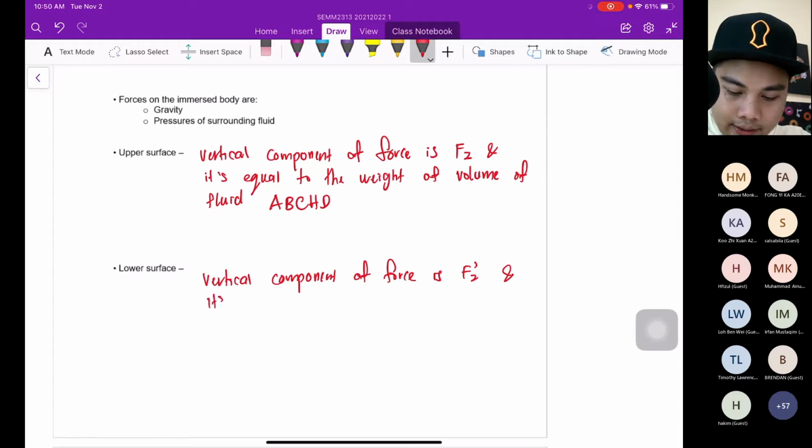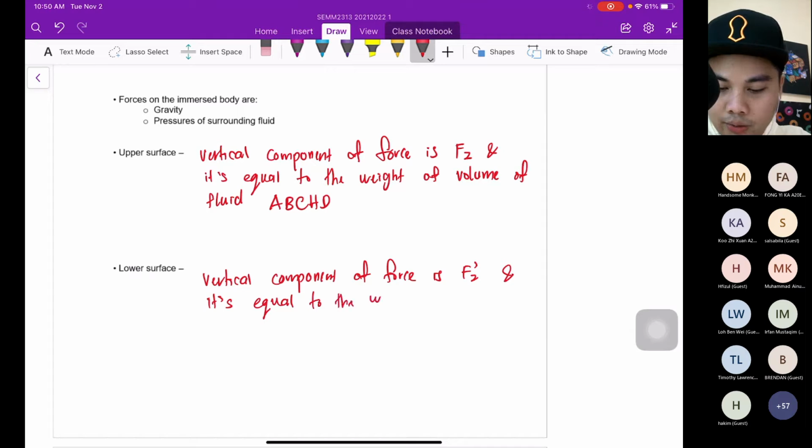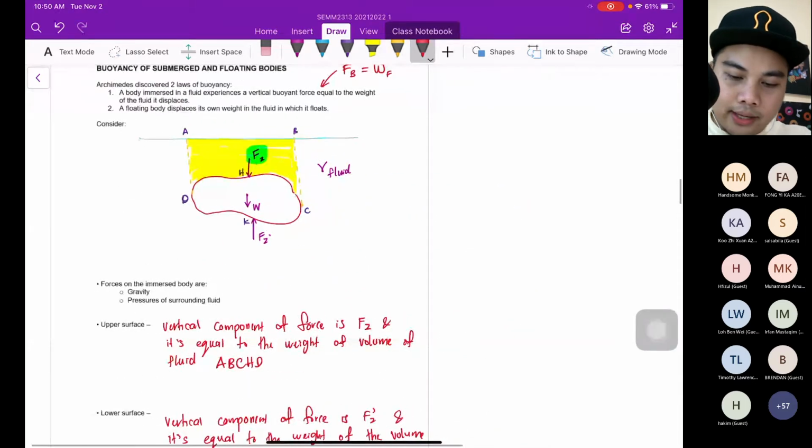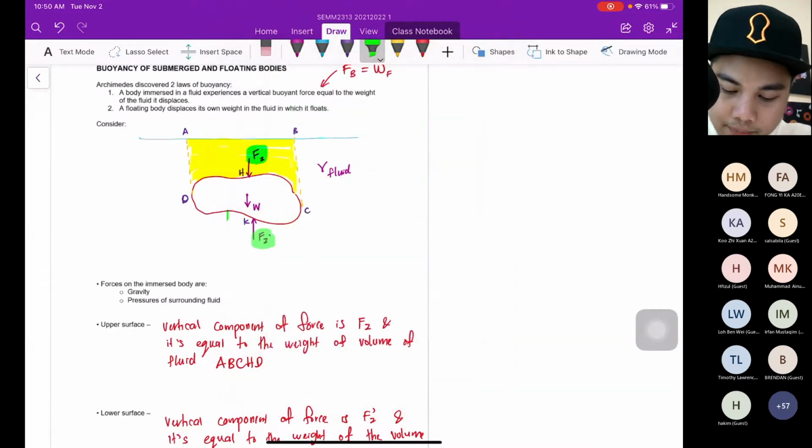And it's equal to the weight, what do you think, of the volume of fluid A, B, C, K, D. Okay, where is it? This one. Fz prime is basically equal to A, B, C, K and D, the whole of this.